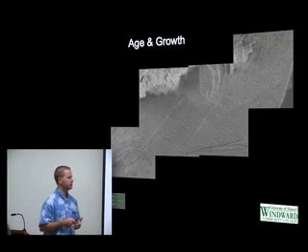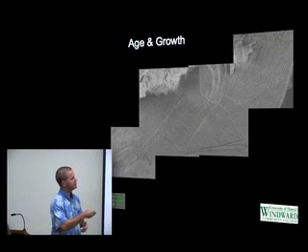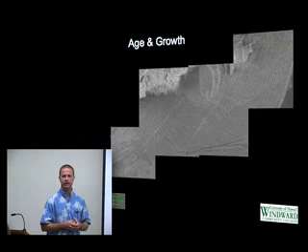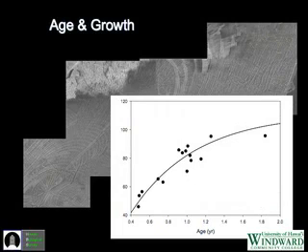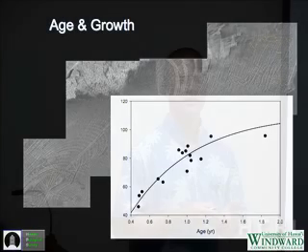So we take out the otoliths, we etch them with acid and put them on SEM and just go crazy counting hundreds and hundreds and hundreds of rings. Once we have this information, we can then plot an age length distribution and find out the relationship between age and size. This is very important because later on we'll be collecting size data from a marine reserve and from a fished area, and we'll want to convert that back to age to get mortality estimates.